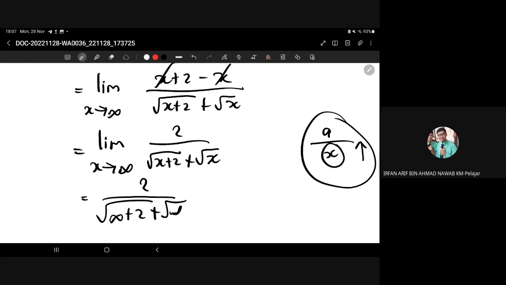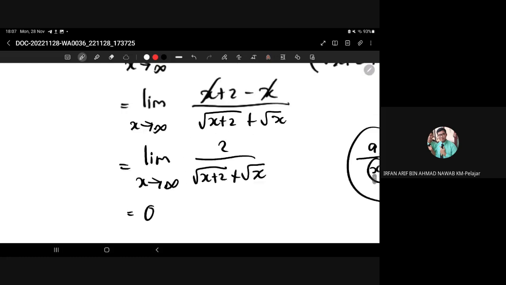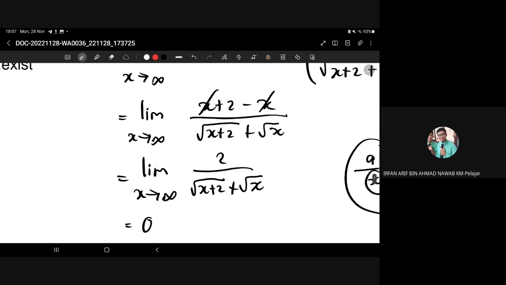I know if you just do this, then you will get 2 over infinity, obviously, then you'll get 0. But this is not the way to show it. All you have to do is just write down 0. I don't think that you have to substitute infinity because infinity is not a number, all right? Just a small reminder, it's not a number.